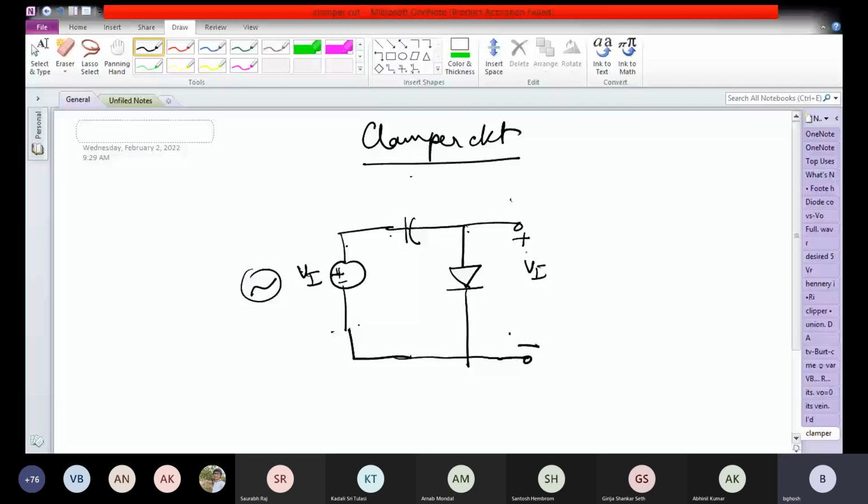So let us name these voltages. The voltage across the capacitor is VC. Sorry, this is V0. This is ground.